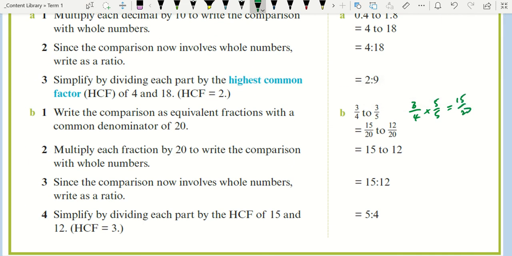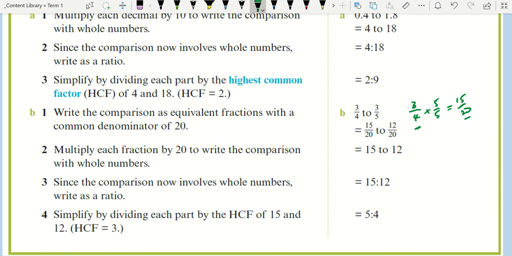Now I find a few students get confused at this stage, because 5/5 is the same as just saying 1, so any number multiplied by 1 is itself. So that works out to be legitimate in this case, but what's important is that it's also equivalent. So that equals that, because any number multiplied by 1 is itself.